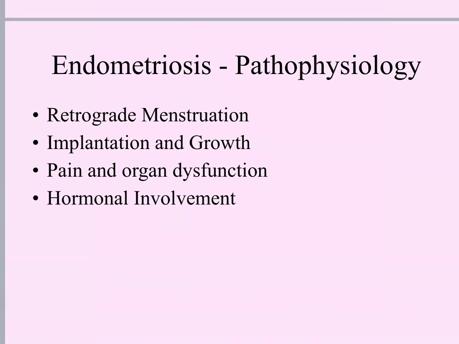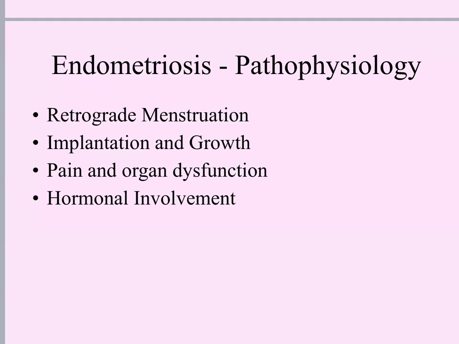Some theories include genetics, stem cell, the idea that stem cells migrate to other areas and differentiate into endometrial tissue, and environmental factors. And there's even a theory that immune dysfunction causes this. But I'm going to go with retrograde menstruation.